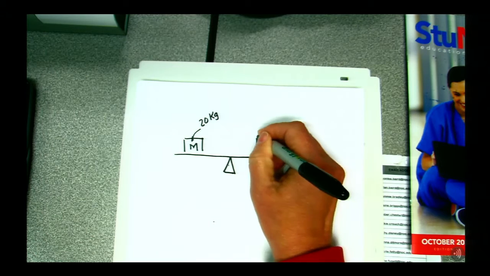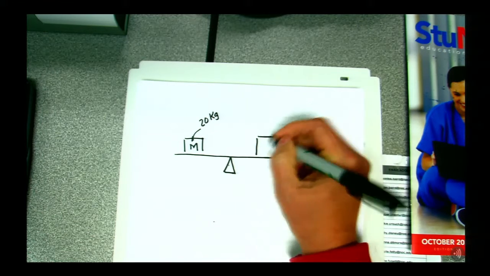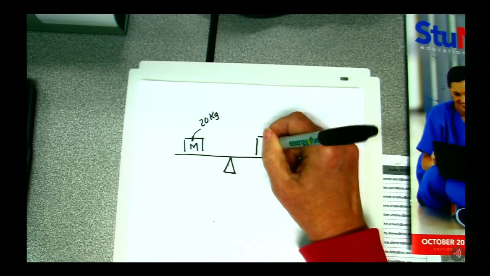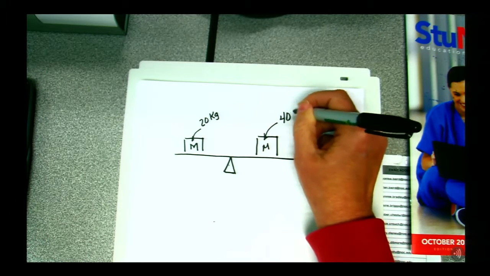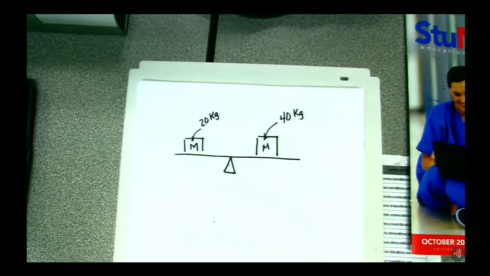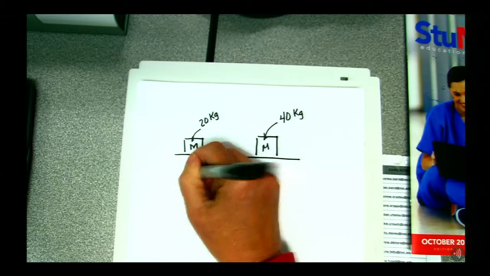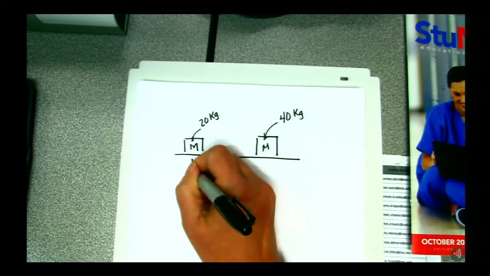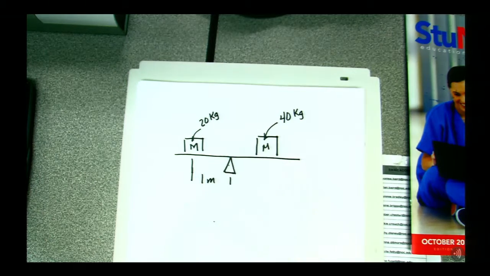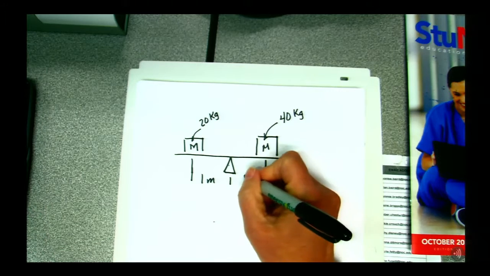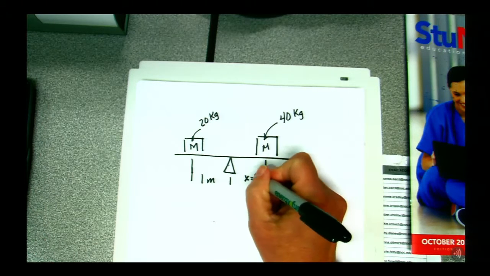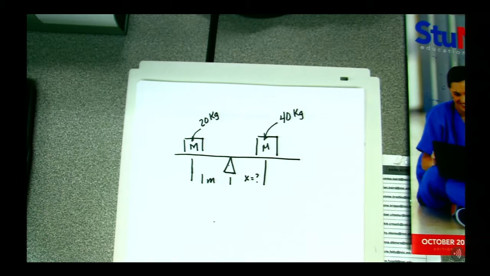And I can put a mass on this end, and we're going to say that mass is 40 kilograms. I know that this mass is placed 1 meter away from the fulcrum. I don't know this one, in order to get the teeter-totter to balance.